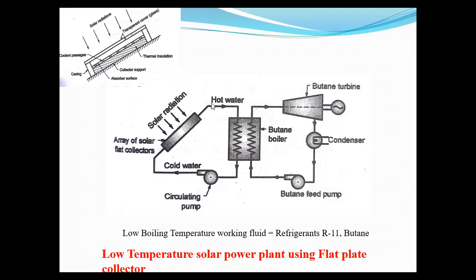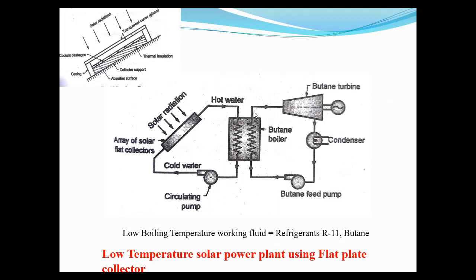The water is heated. That heated water enters into this heat exchanger, called the butane boiler. So the hot water exchanges heat to the butane, and the butane evaporates to form butane vapors, and the water from the heat exchanger is again pumped to the solar flat plate collector by this circulating pump.